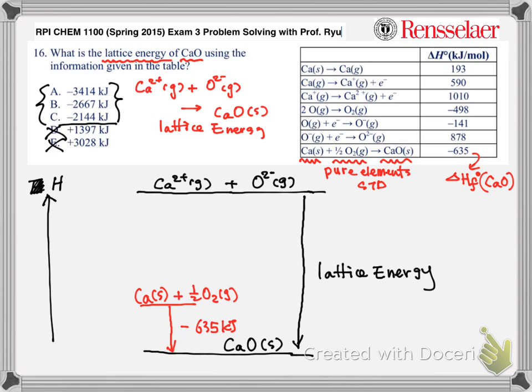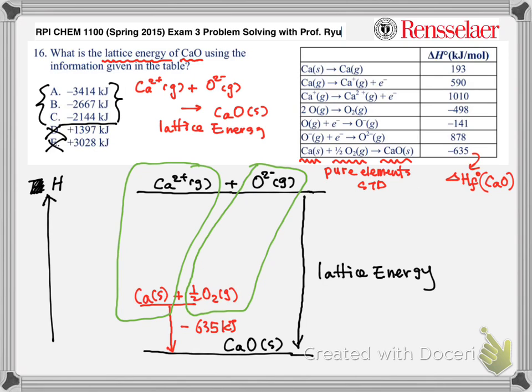Now we need to figure out two tracks. One track is how calcium becomes calcium 2+, and the second track is how oxygen becomes oxygen 2-. Those are shown in the table up there.